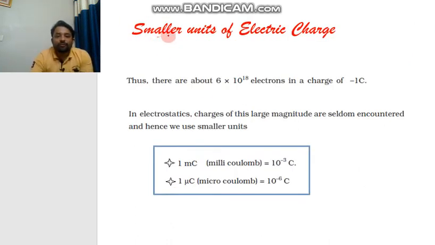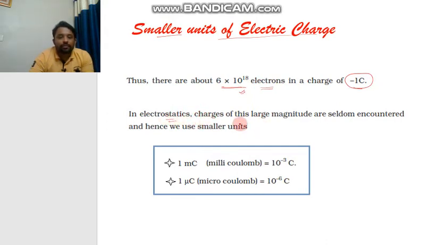So we have further small units of electric charge. Just now, we saw that 1 coulomb of charge is contained by about 6 into 10 power 18 electrons, which is a huge number.